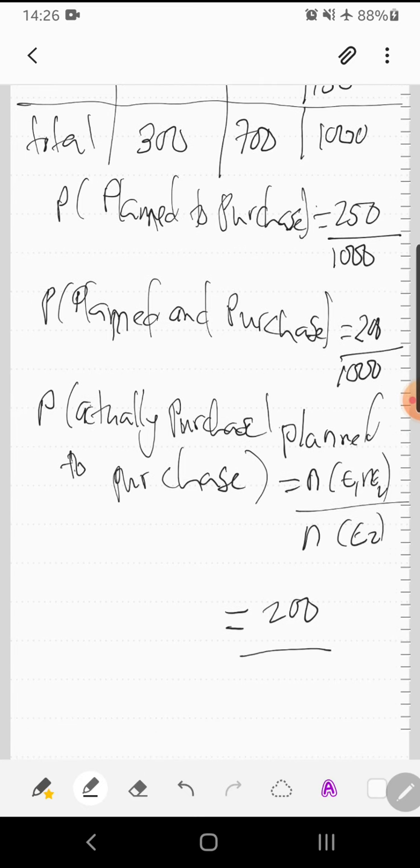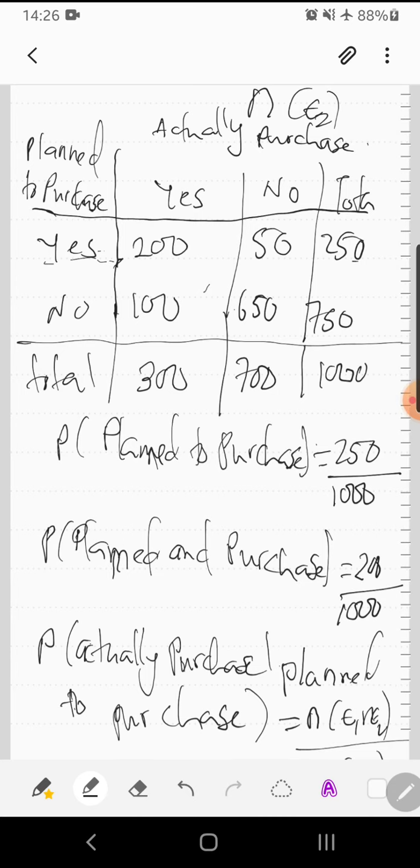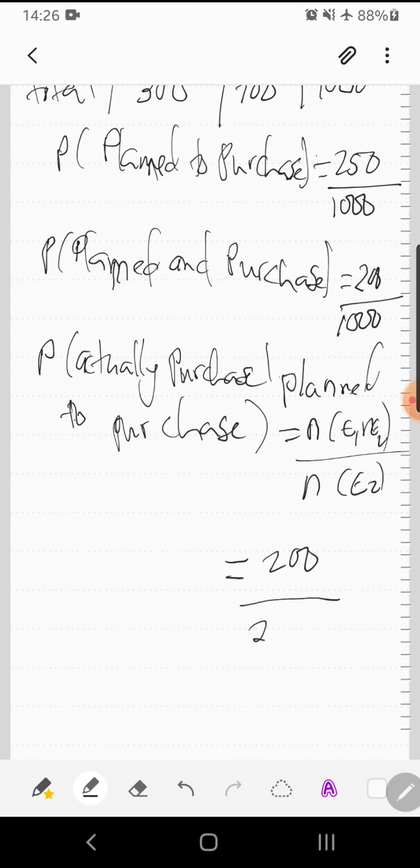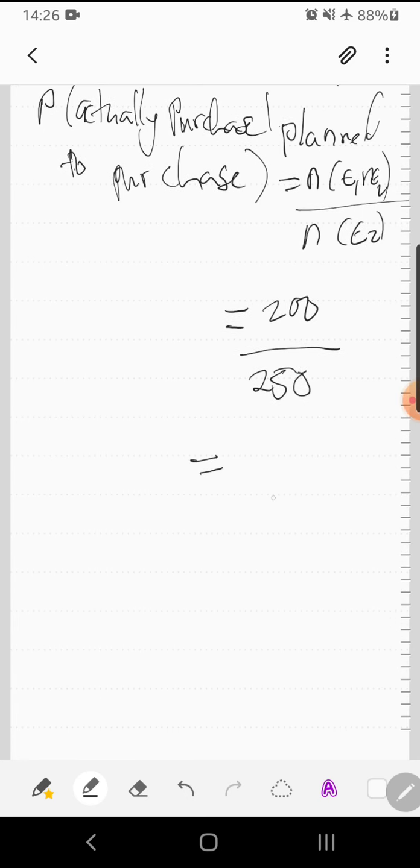The condition is planned to purchase. So how many planned to purchase here? Planned to purchase is 250. So that is our probability. Just take it into the lowest terms and you're going to find 0.8.